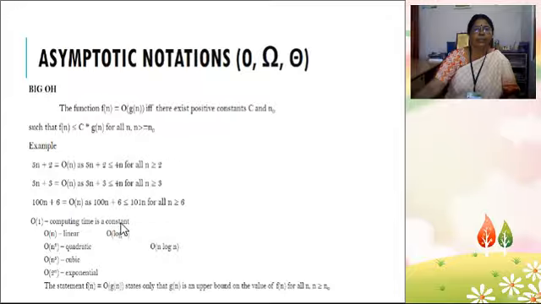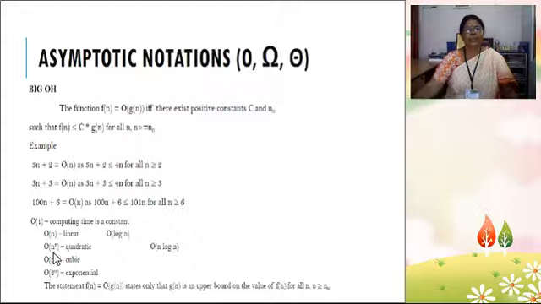So in the big O notation, if the value of n is equal to 1, computing time is a constant. Big O of n will be linear. Big O of n square, if the time complexity is in the order of n square, it is quadratic; n cube, it is cubic; and then 2 power n will be exponential, and then log n logarithmic, and n log n.